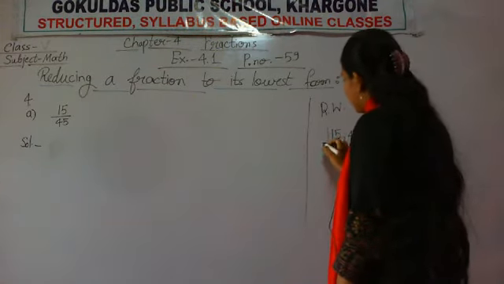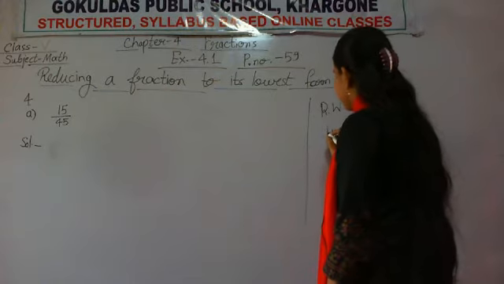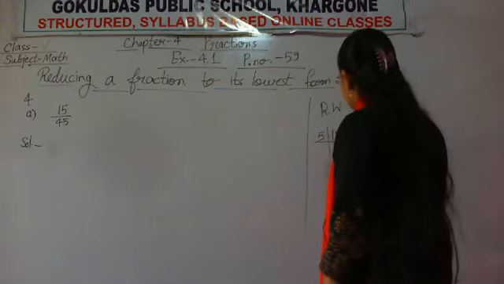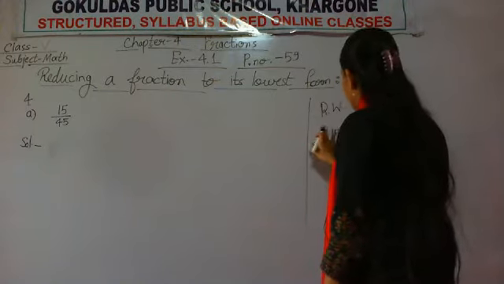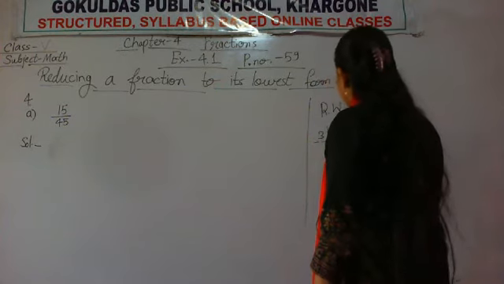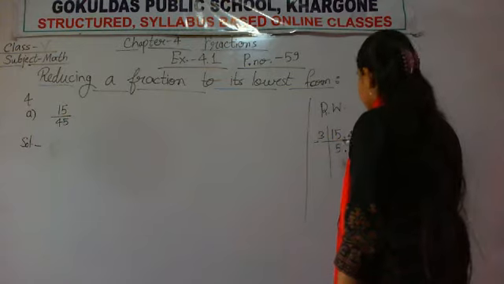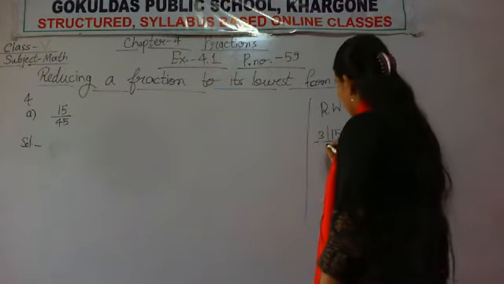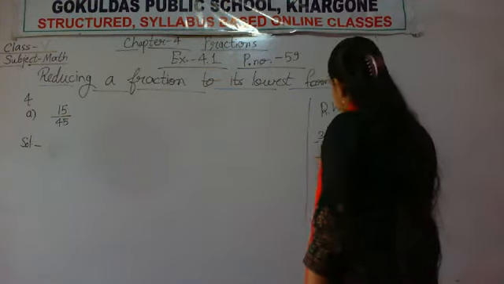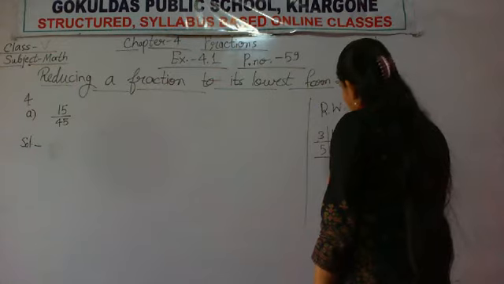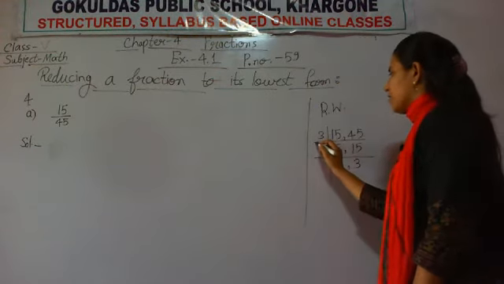How do we find the HCF? 5 3s are 15, 3 1s are 3, 3 5s are 15. Then it is divisible by 5. 5 1s are 5, 5 3s are 15.